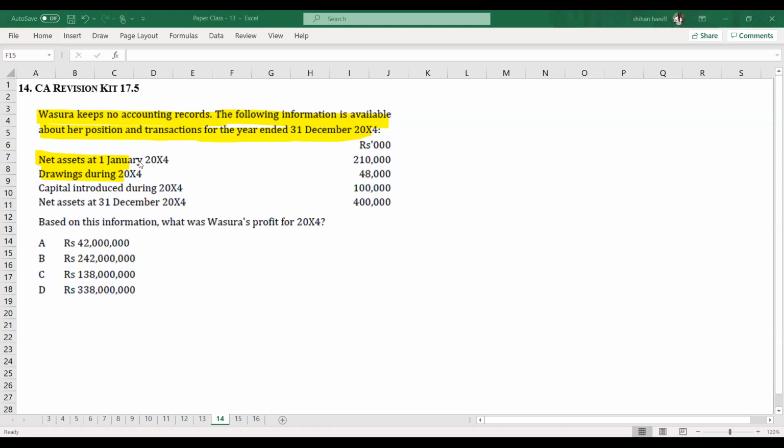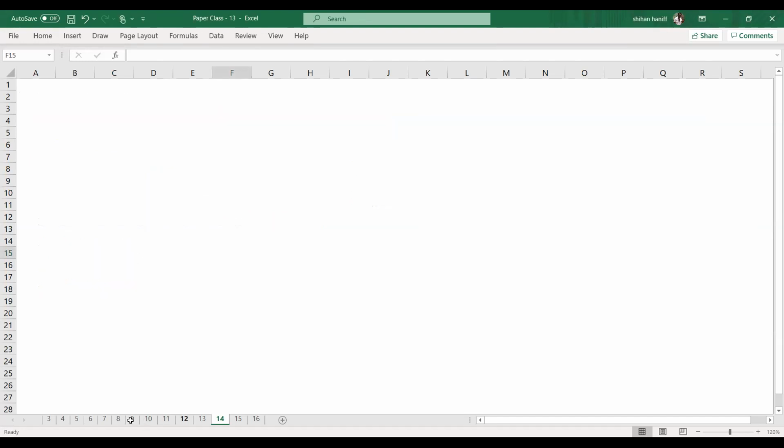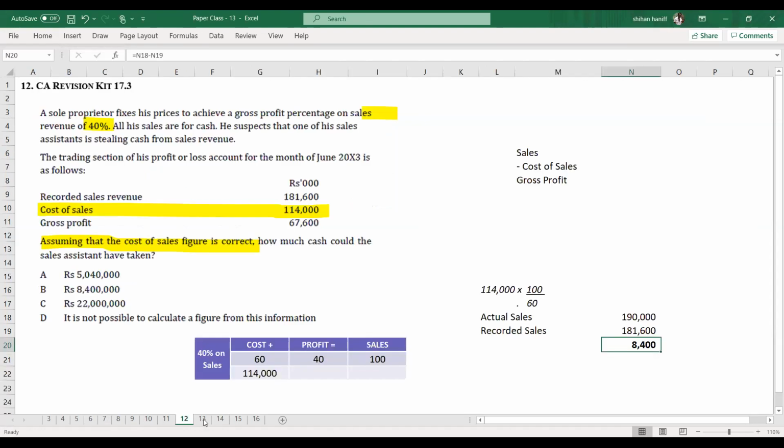Net asset as at 1st January, drawings, capital introduced, net asset closing. Based on this information, what was the profit? Okay, shall we calculate the profit? Use the profit equation.